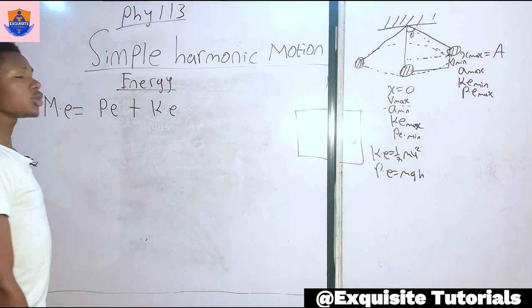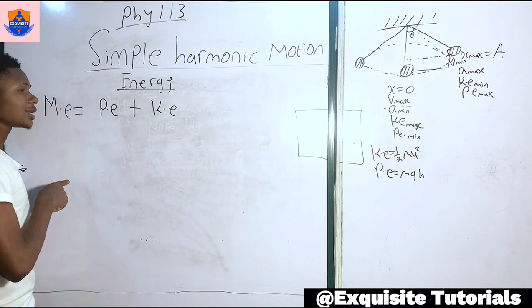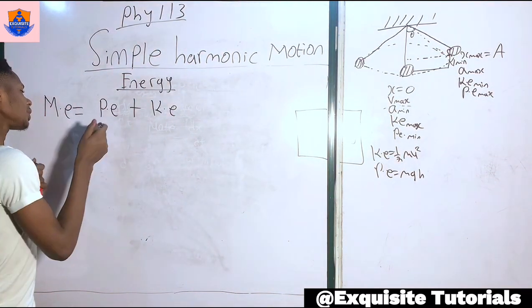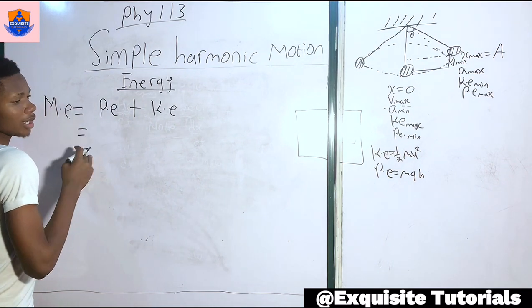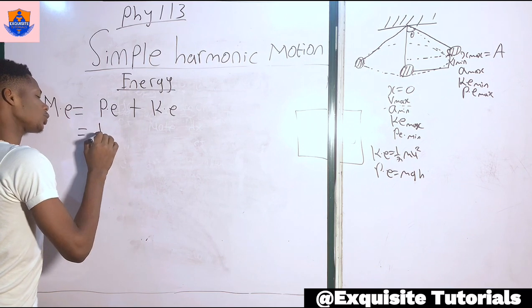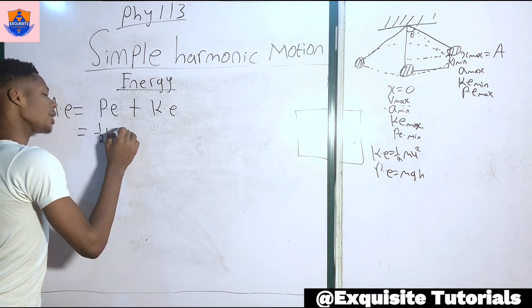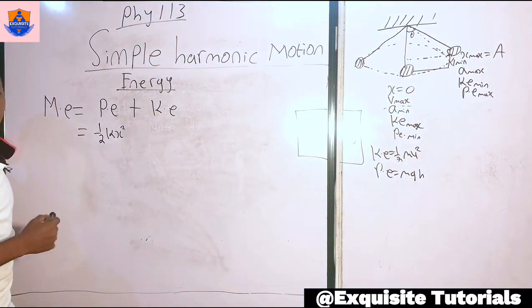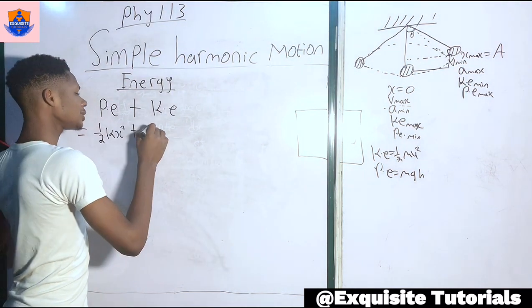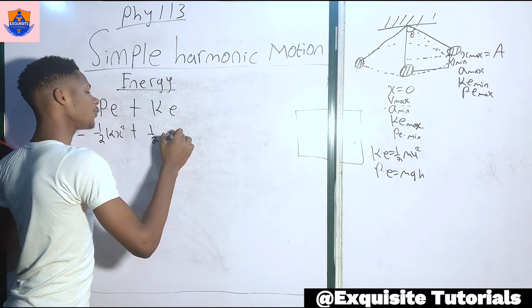For that reason, we are going to make use of the elastic potential energy from Hooke's law of elasticity. Mechanical energy is equal to elastic potential energy plus kinetic energy, where elastic potential energy is given as 1/2 kx squared, where k is the force constant, or Hooke's law constant, and kinetic energy is 1/2 mv squared.